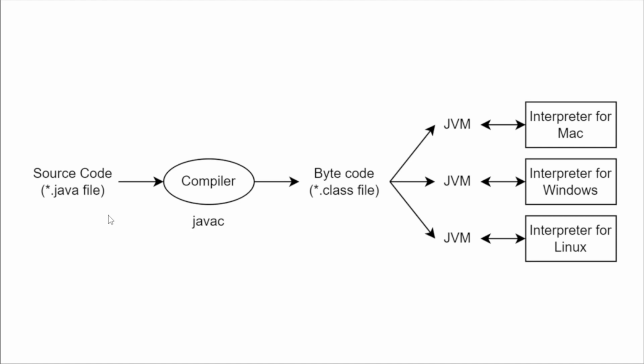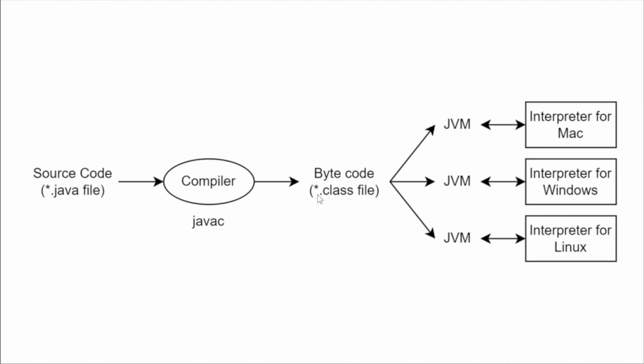You have your source code, which ends in .java, and then it will be compiled using the command javac, however you want to read it, but it is Java followed by a C, meaning compile. It will produce bytecode, which is your .class file. We'll see this again later.